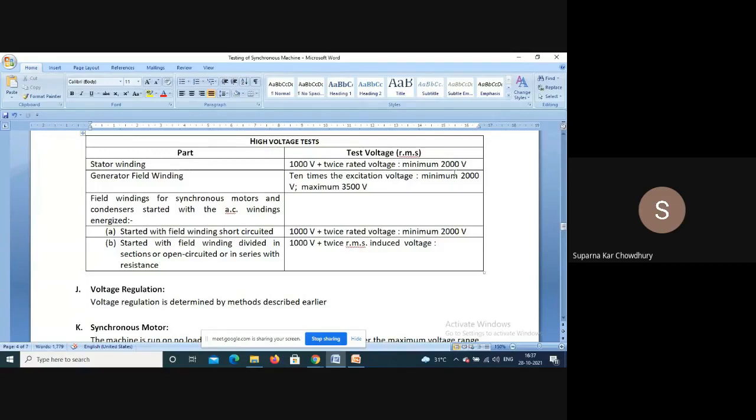So the insulation should be provided so that it can withstand 10 times the excitation voltage. These excitation voltage levels are lower than the stator voltage, normally something around 500 volt.